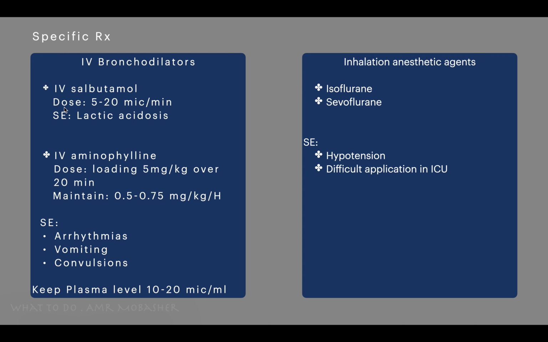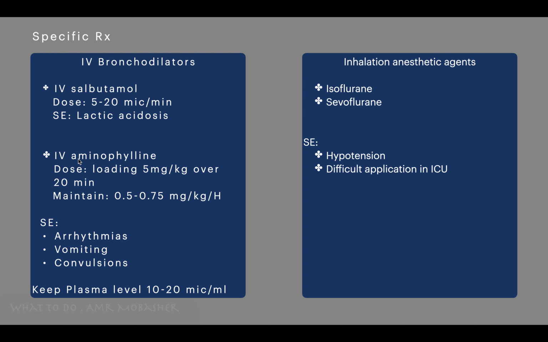This is the dose, and the most famous side effect is lactic acidosis. Very, very common side effect, which can happen after 4 hours of starting the IV salbutamol. So keep following the lactate level on serial ABG on any patient on IV salbutamol. If this happens, you would have to just stop the IV salbutamol.